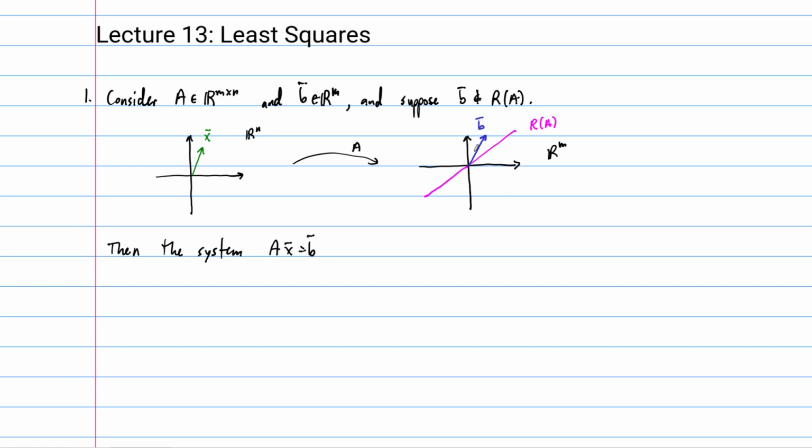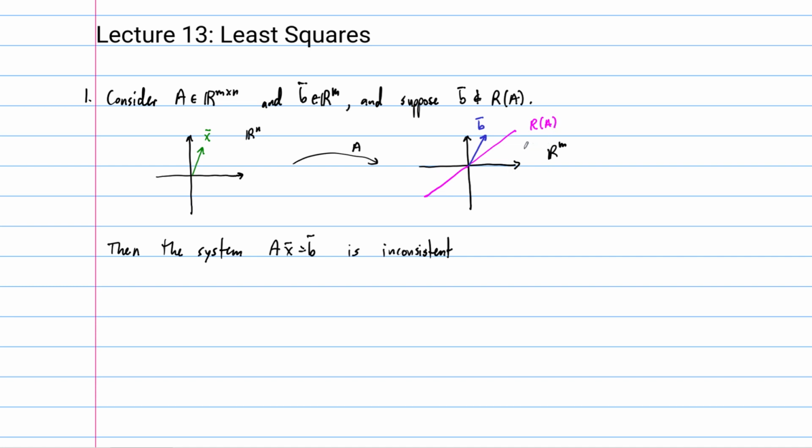It has to be in the image space. So our system is inconsistent and has no solution. If we try to solve Ax equals B, we will not find a solution, because B is not in the column space of A, which is the image space of A.